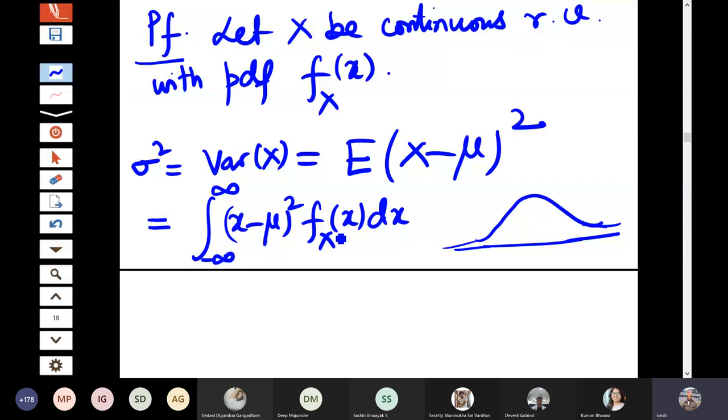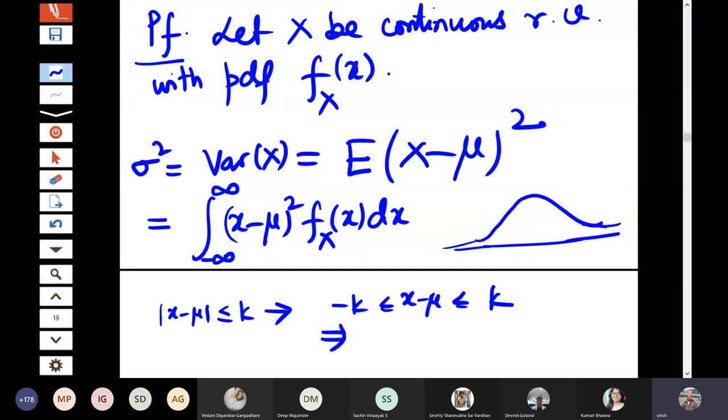And if I am considering this region, mod x minus mu greater than or equal to k or less than or equal to k, what does it mean? Let me just explain this. Minus k less than or equal to x minus mu less than or equal to k, which is same as mu minus k less than or equal to x less than or equal to mu plus k.